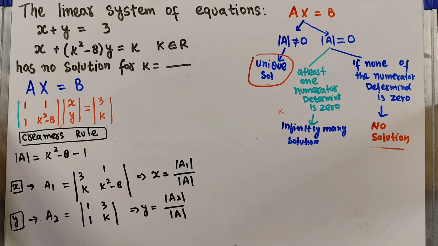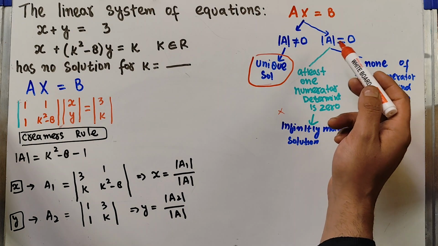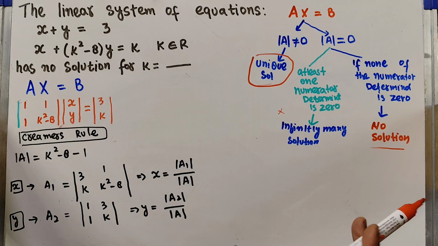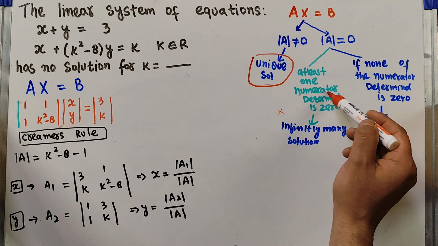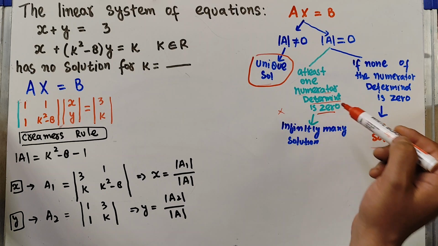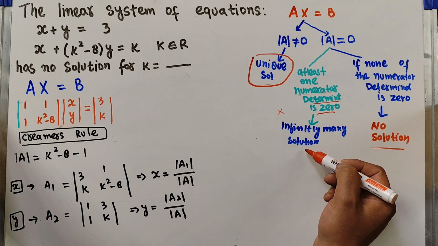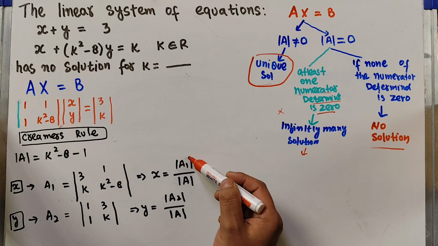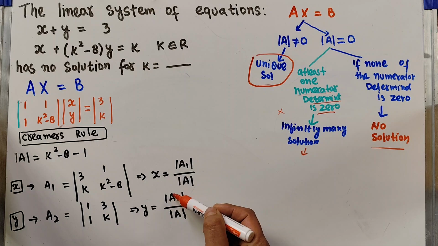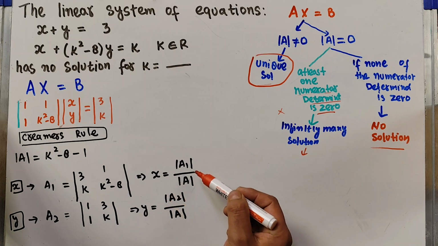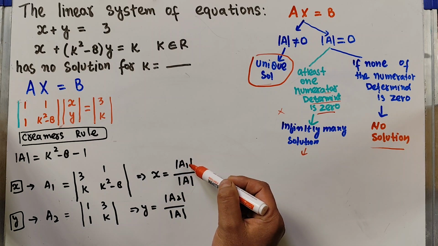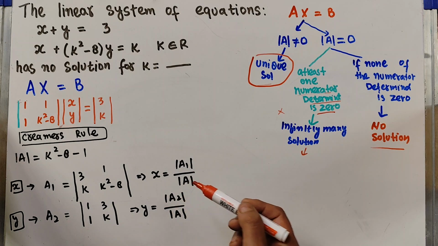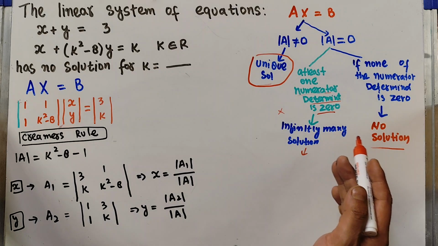But if the determinant of the coefficient matrix is 0, then we have two possibilities. If at least one numerator determinant is 0, that is, if the determinant of A1 is equal to 0 or the determinant of A2 is equal to 0, we will have infinitely many solutions.